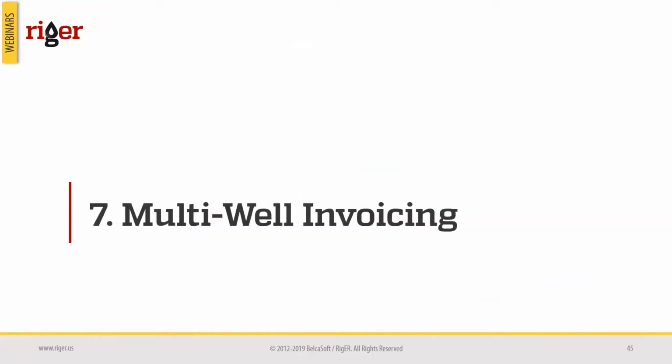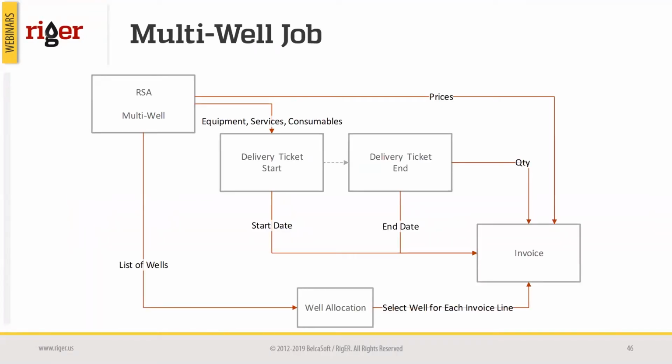The next step is multi-well invoicing, which is a specific invoice, one invoice, when we have different allocation rules for how the invoice is allocated between different wells in the same pad.